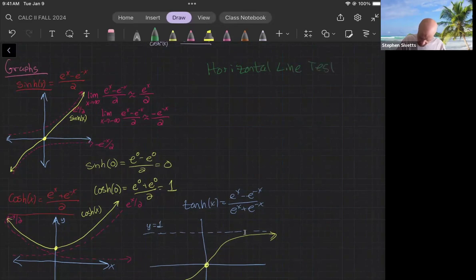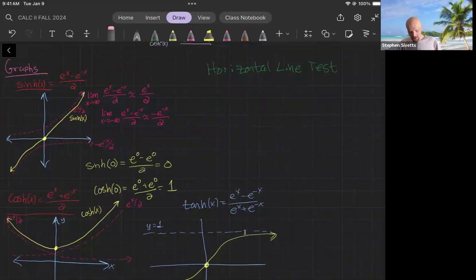What this is, you draw a horizontal line across your graph, and it has to cross the graph exactly once. If it crosses exactly once, it will be a one-to-one function, right? Thereby, you can conclude the function has an inverse.